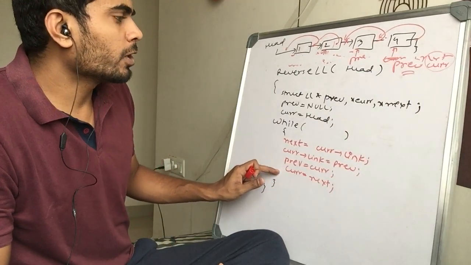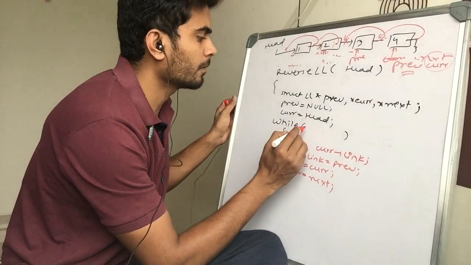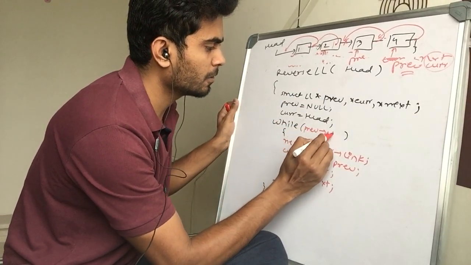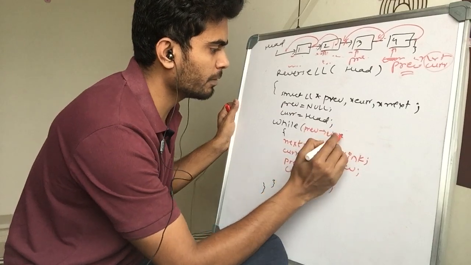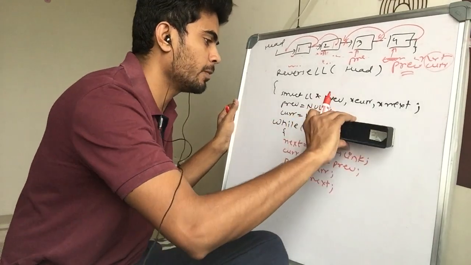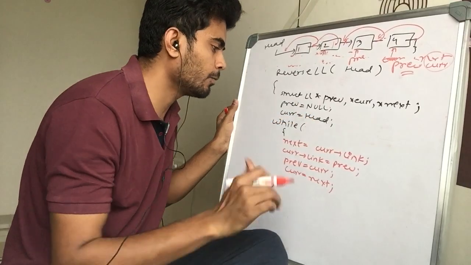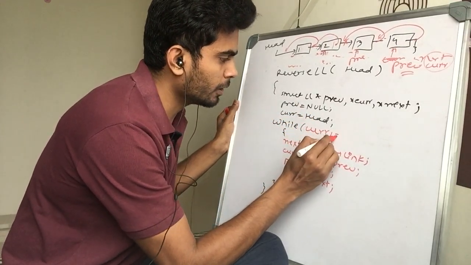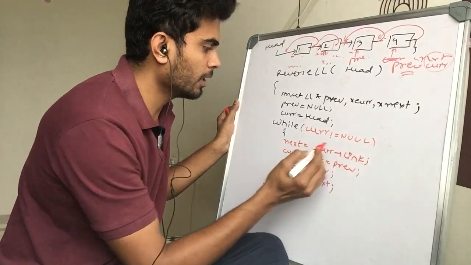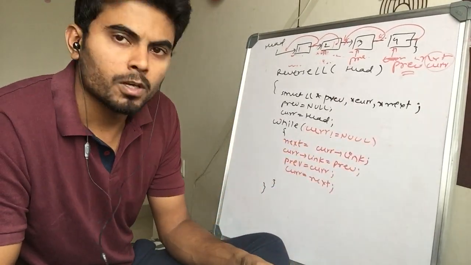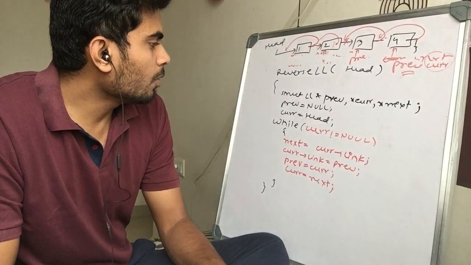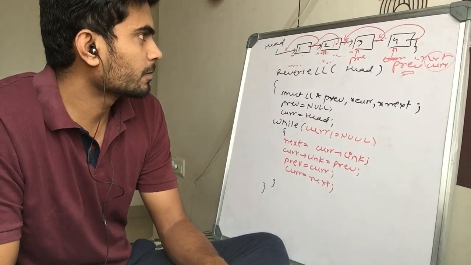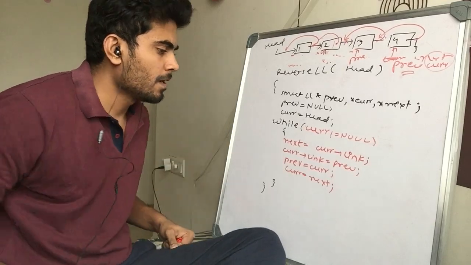So what we need to check is whether current is not equal to null; previous is anyhow current, and we have the pointer for that. Till then do this operation. So this is how we do the reversal of the linked list. Thank you.